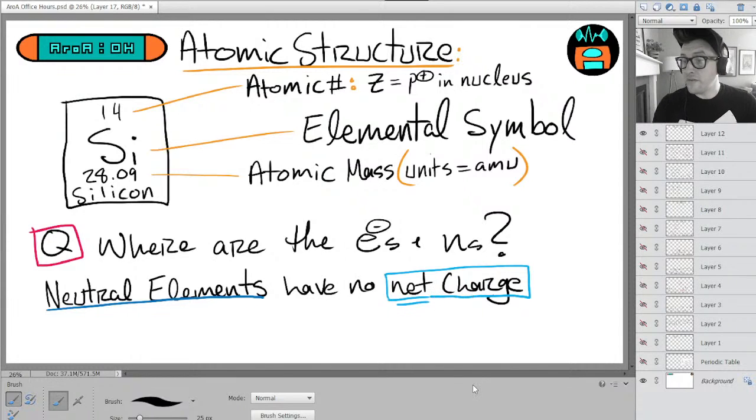That doesn't mean they don't have charged particles, because as we can see, every element on the periodic table has protons, which are positively charged. But neutral elements have no net charge.